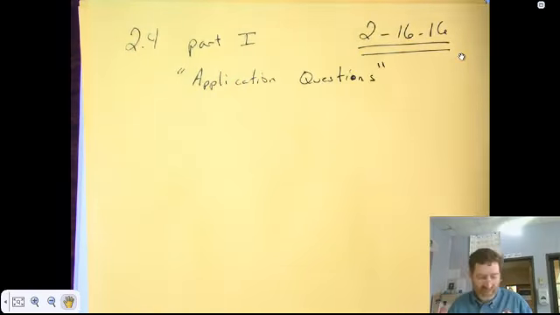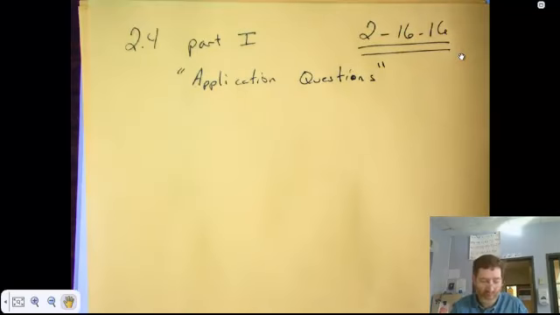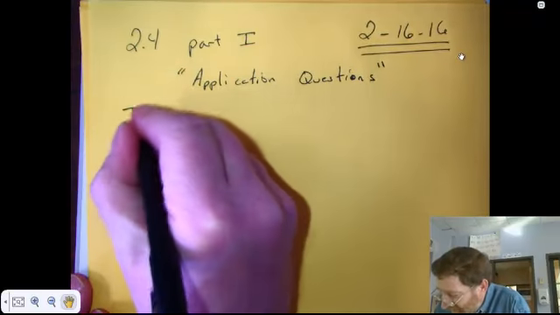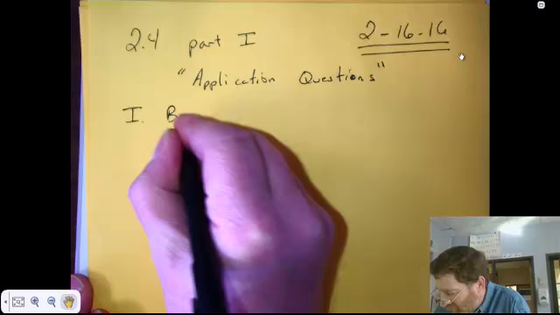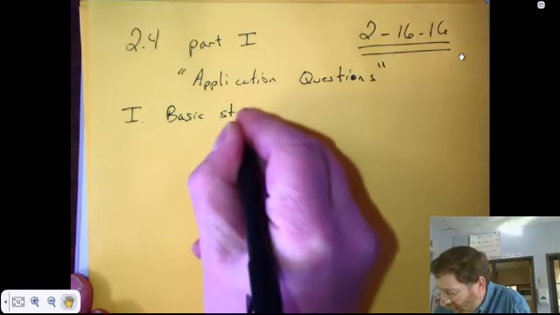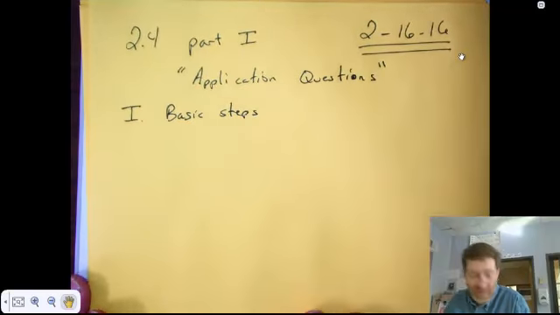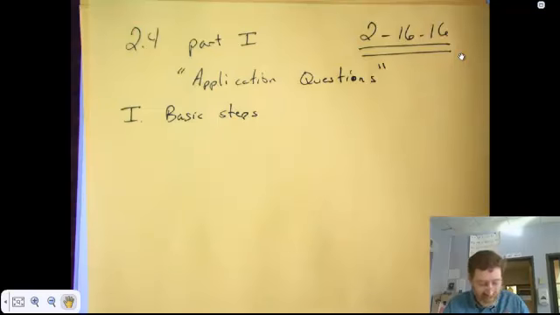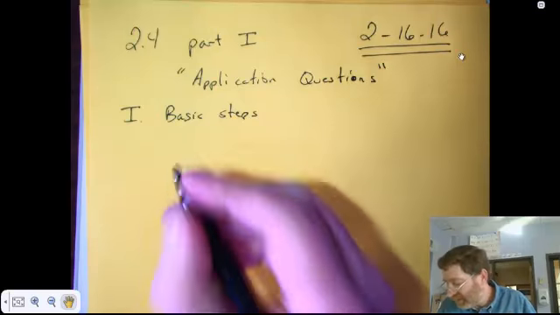Okay, so application questions. Basically, the word problems involve right triangles, right? And so kind of the basic steps you want to go through. Remember, we include these, not that you should follow them every time, but if you get stuck, these are things that often will help. If you know exactly what to do, then do that and solve the question. But remember some basic steps.